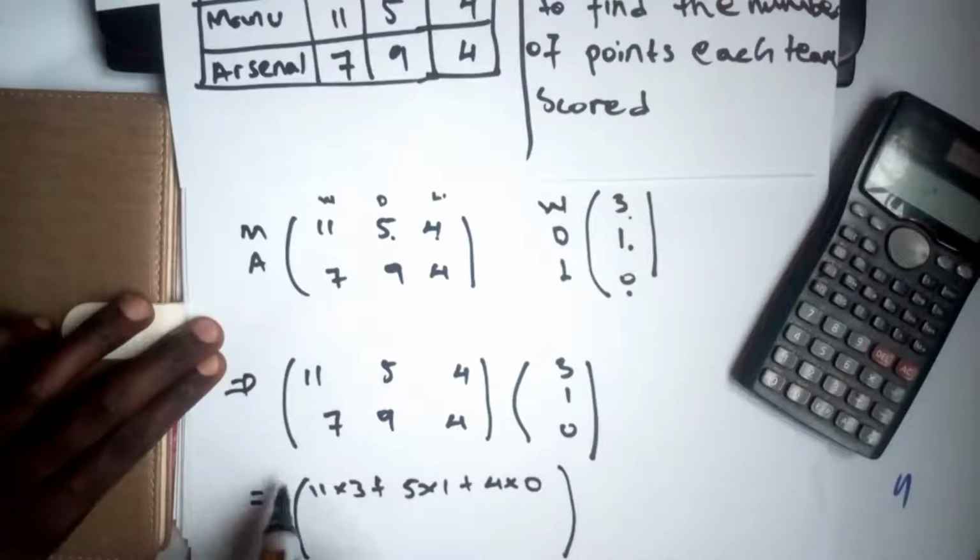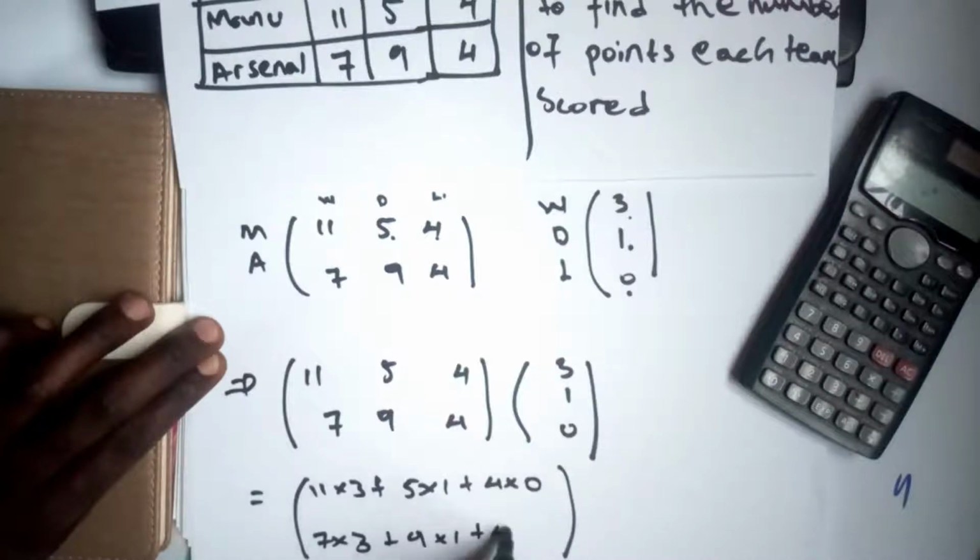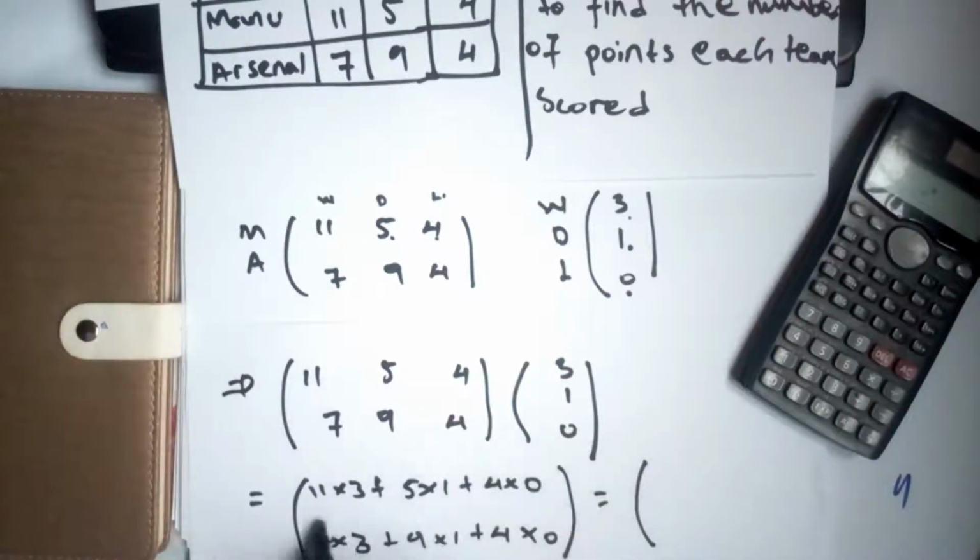So remember that is Manchester. We go for Arsenal, it is 7 times 3 plus 9 times 1 plus 4 times 0, which is going to give us 33 plus 5 plus 0, which is 38.